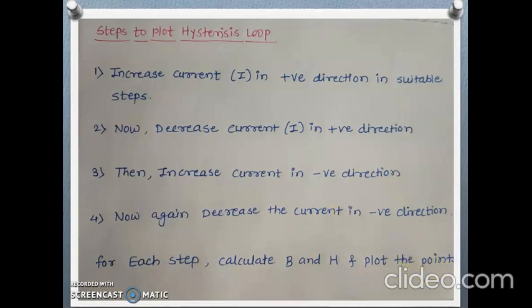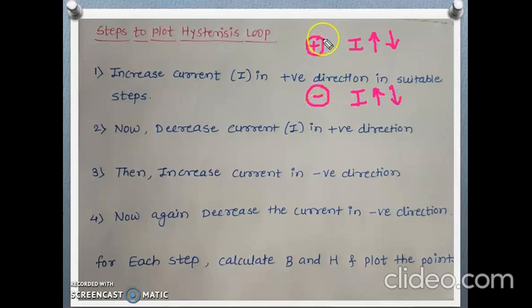First we are going to increase the current in the positive direction, and again decrease the same current in the same direction, positive direction only. And what will be our second step? In the second half, we are going to increase the current in the negative direction and also decrease the current in the negative direction.